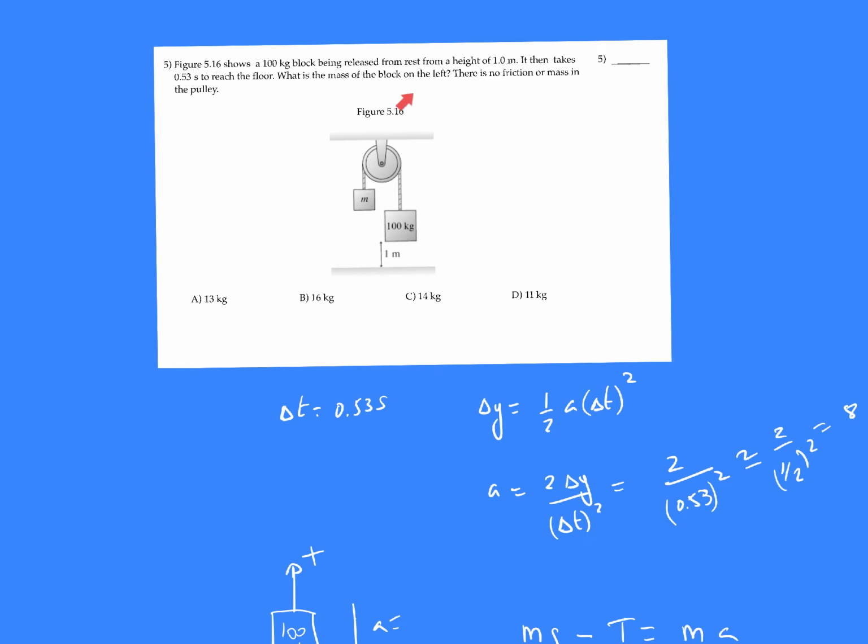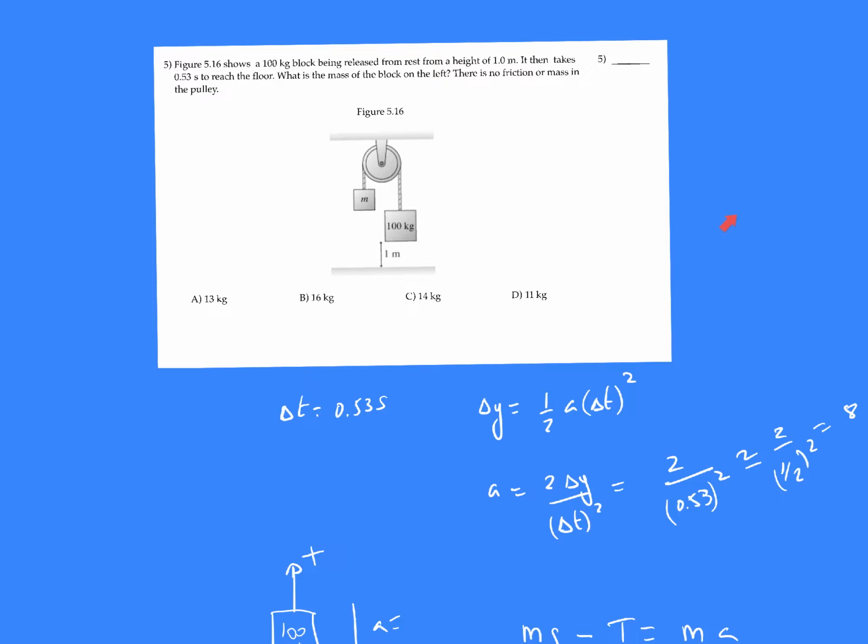What is the mass of the block on the left? What is this mass? So if you arrange the system like this with this pulley, and you measure 0.53 seconds for the mass of 100 kilograms to perform the distance of 1 meter, what is the mass little m that was hanging here?